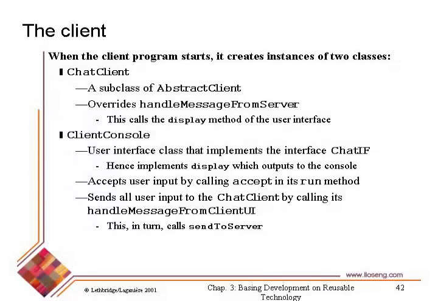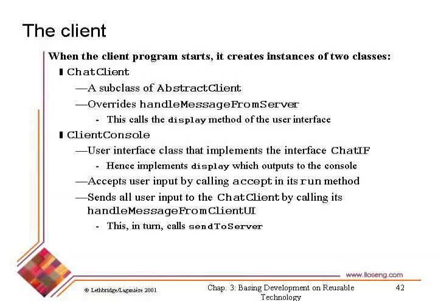The client console accepts user input with a loop in its run method. Okay, so this is acting as a thread. It's got a run method. In that loop, it will accept user input. So the user of the client can type stuff, which will then get sent off to the server. Okay, all the input is sent to the chat client, the core of the system, which then calls sender server.